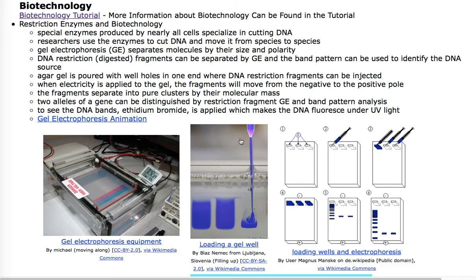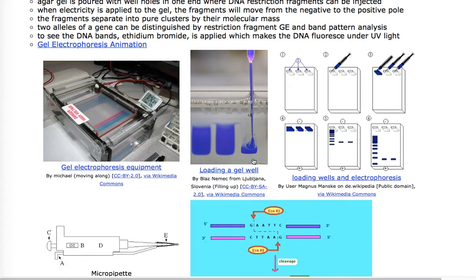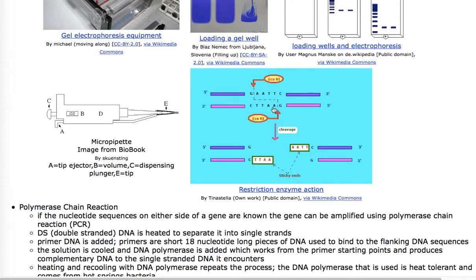So let's go back to our biotechnology unit and talk about the micropipette itself. Micropipettes, like the one that's pictured here, consist of basic parts. E is the disposable tip. A is the tip eject button, so when you push A down, the tip flies off.